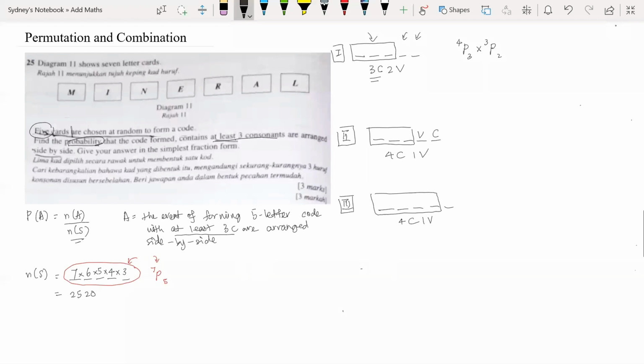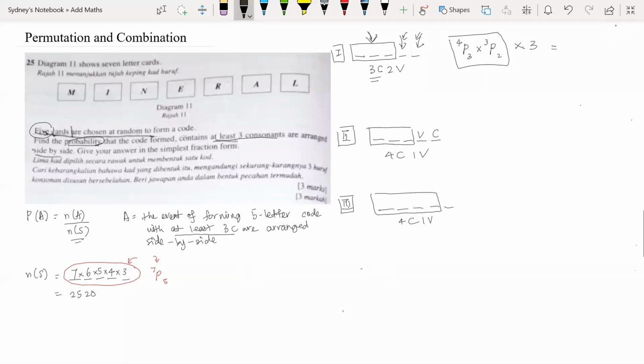Then the 3 consonant group may change position from the first position, swap to the second position, swap to the last position. So for this arrangement, it can happen 3 different ways, so times 3.